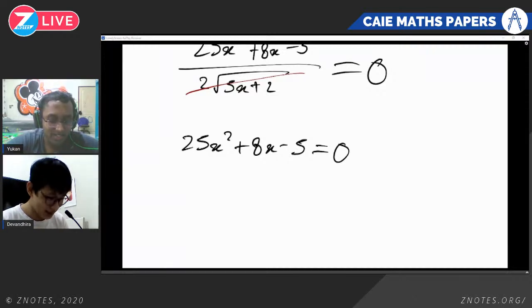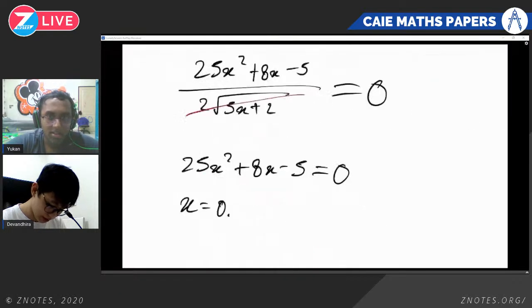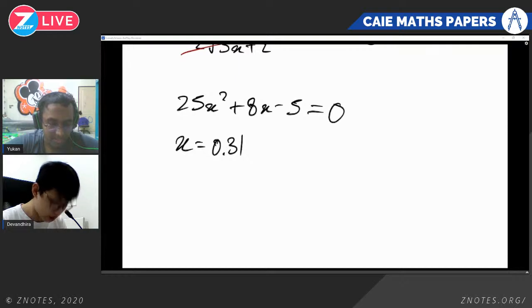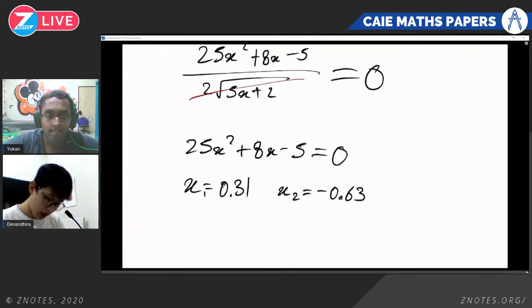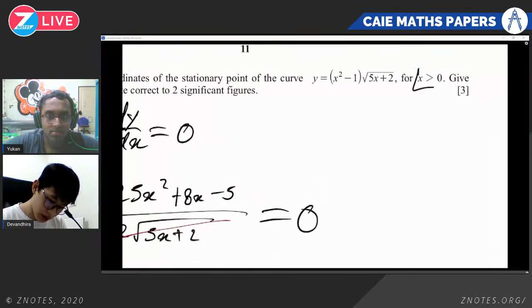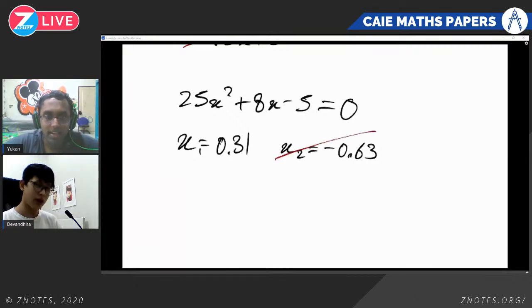Anyways, your first value is 0.31, to 2 significant figures. And your second is negative 0.63. But let's look at the question again. It says for x greater than 0, so we'll have to reject the negative one. Correct.